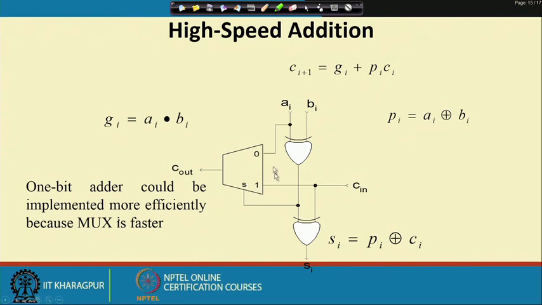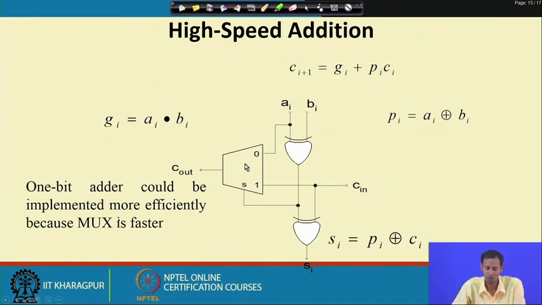At this particular point, if you see the logic for the mux, here you see this A I B I is the select line, okay. And then of the two inputs, one input is A I, another input is C N.